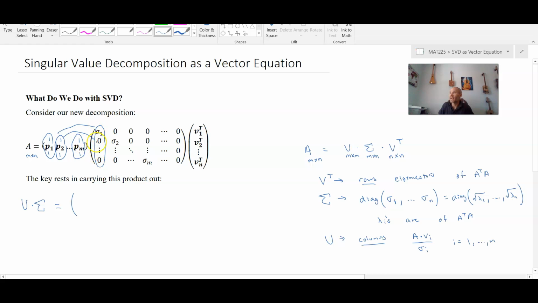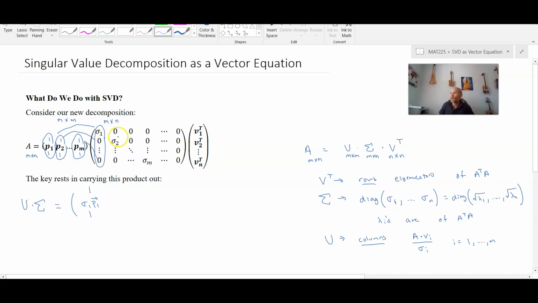We are going to have exactly m rows in the sigma matrix, because recall this is an m by n matrix and this is an m by m matrix. So the only non-zero vector that we'll get out of this product will be sigma 1 P1. We'll form a new column, which will just be P1 scaled by sigma 1.